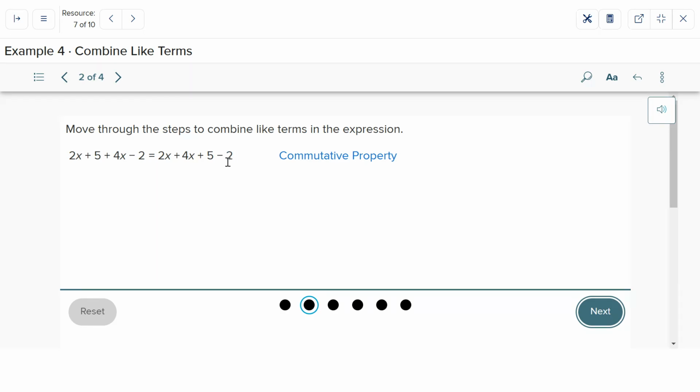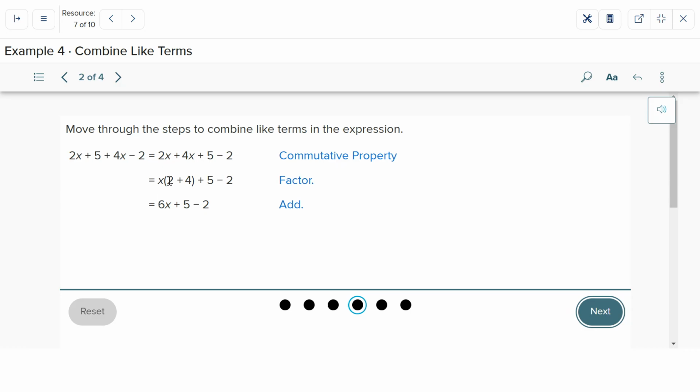Because it's not an addition. So doing this means that our like terms are now next to each other. That's why they did that. So then they're factoring this out. You can go x times 2 plus 4, and then we have plus 5 minus 2. You don't have to do it this way. You can just be like, oh, 2x plus 4x, that's 6x. If you can see that, you can do it that way.